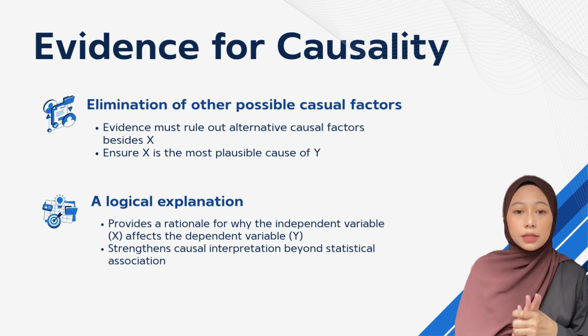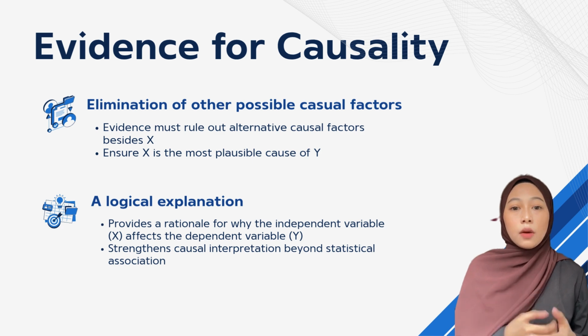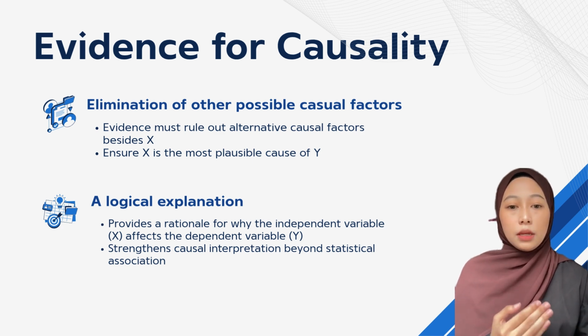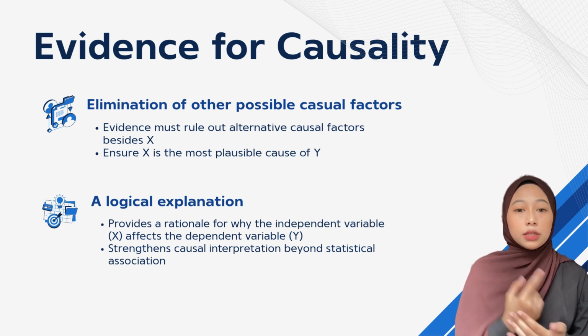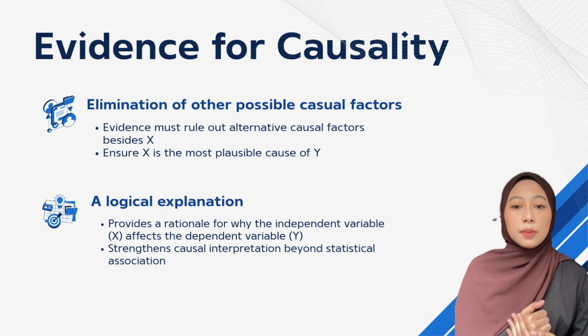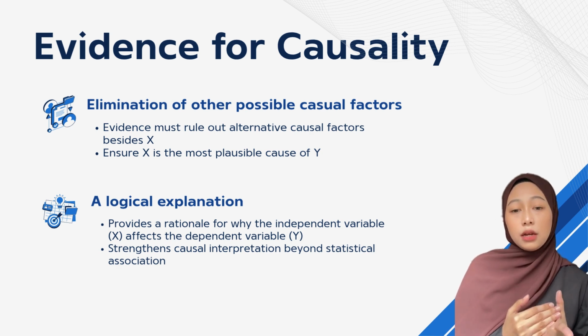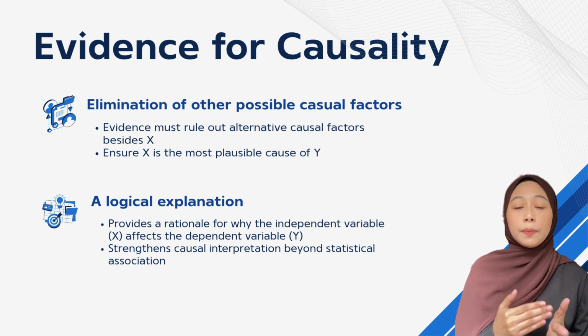So for number 4 is logical explanations. What it means, there should be a sound, logical or theoretical rationale explaining why X should cause Y. Example, more advertising increases product awareness which leads to more purchases.